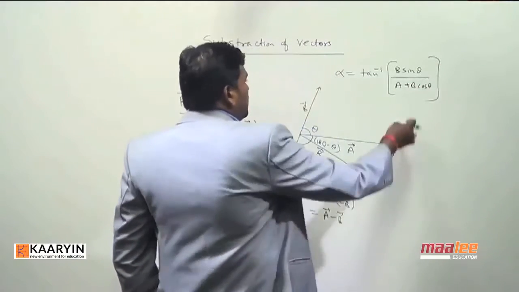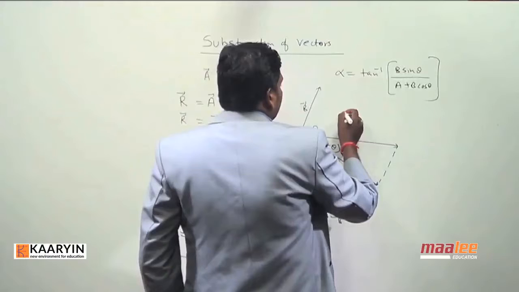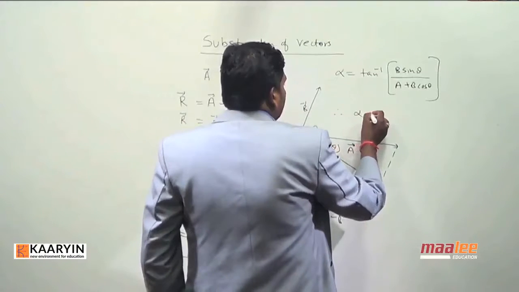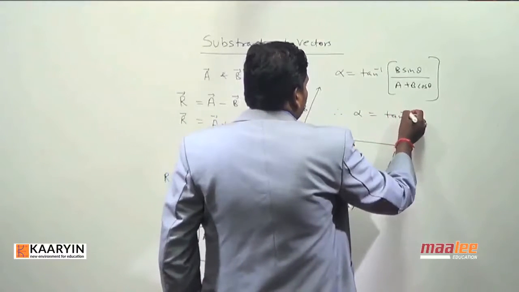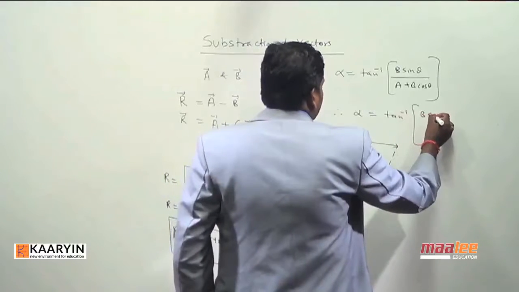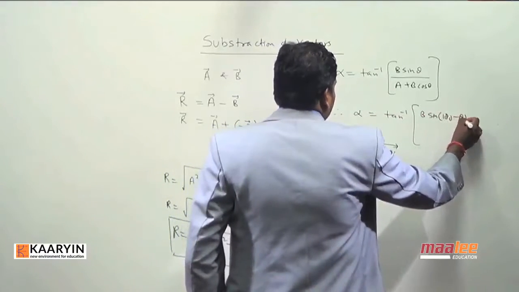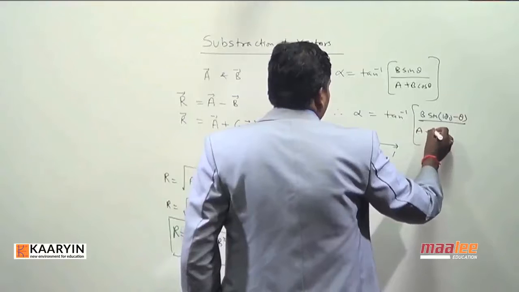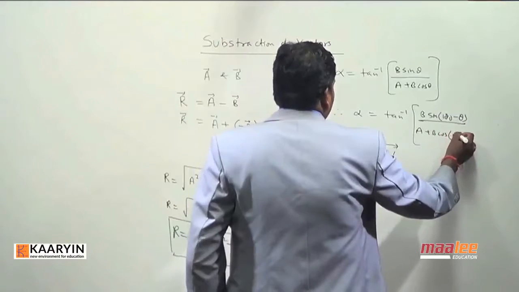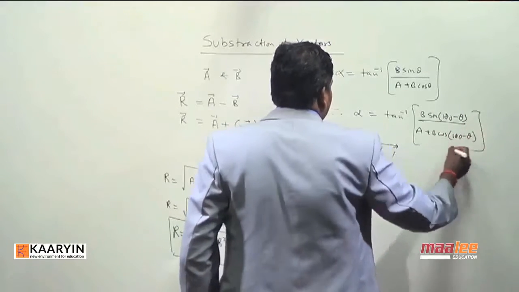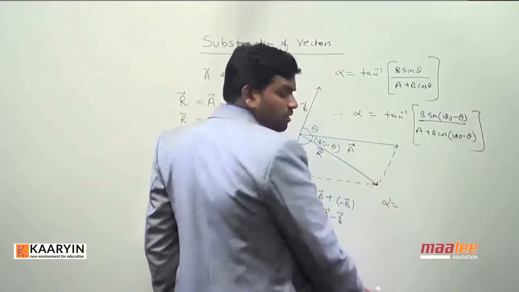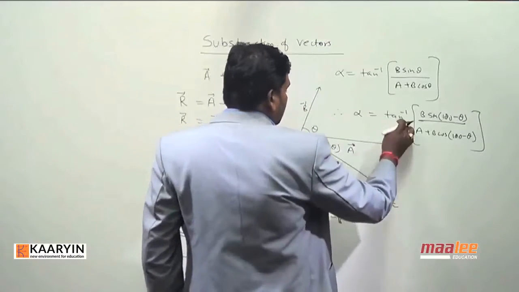In that formula, in place of theta, you will put 180 minus theta: tan inverse of B sin(180 minus theta) by A plus B cos(180 minus theta).